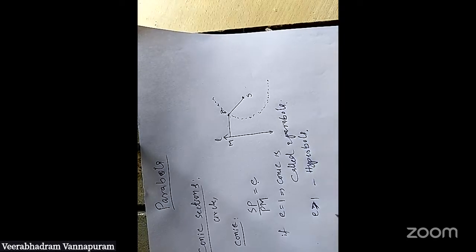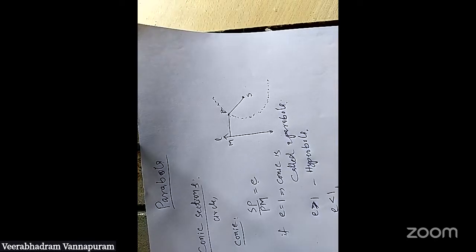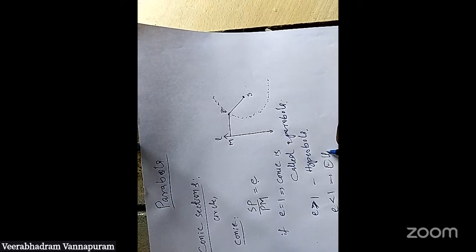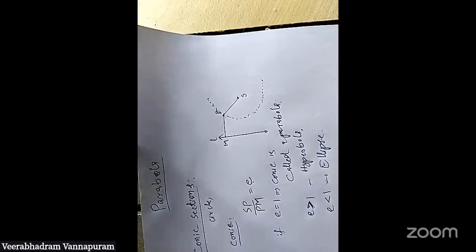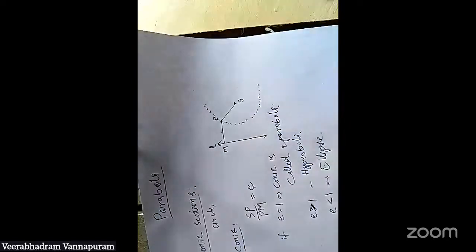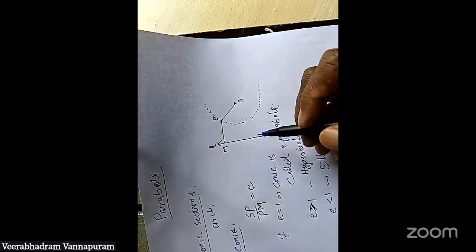If E is less than 1, SP by PM ratio is less than 1, then the conic is called ellipse. Okay. So today we will discuss about parabola.